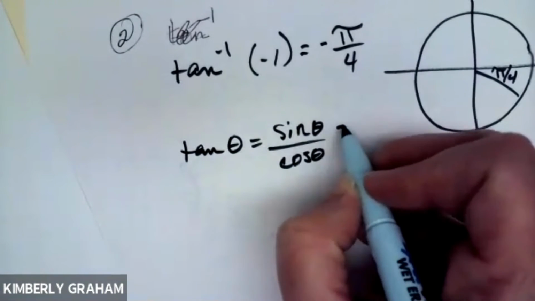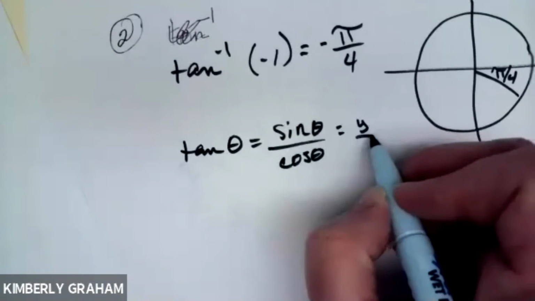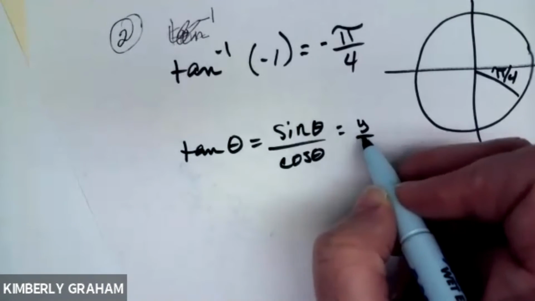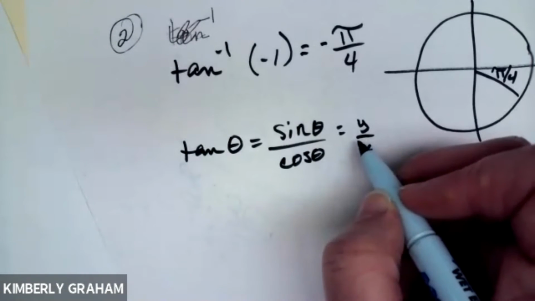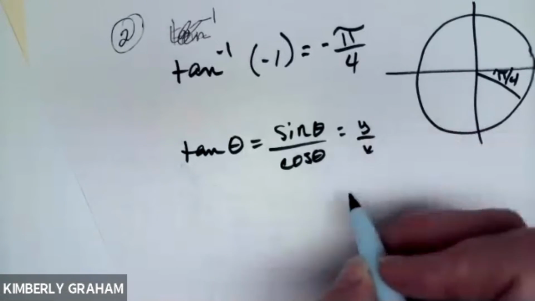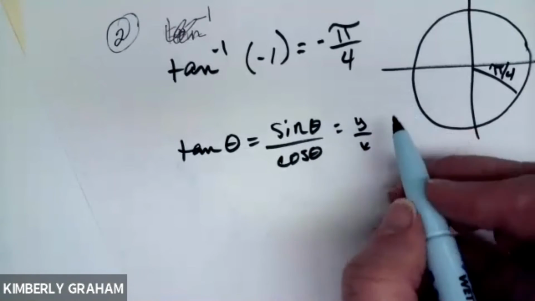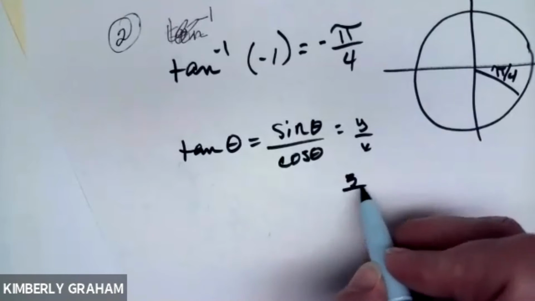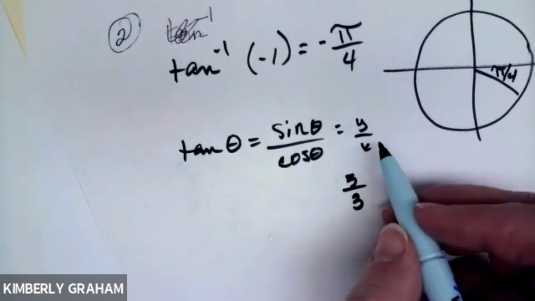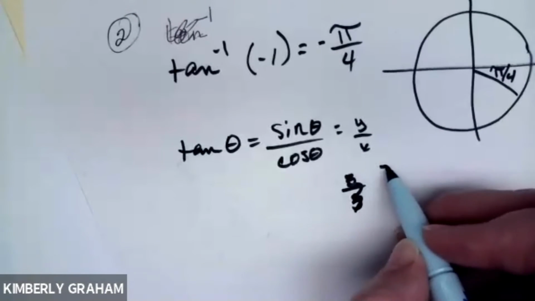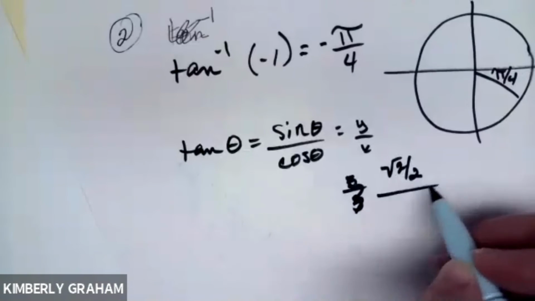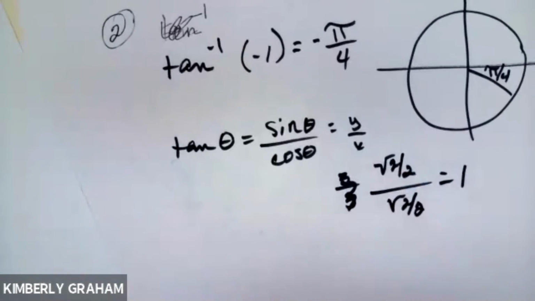And if I'm on the unit circle, that's just going to be y over x. Well, if x and y are the same number, like 3 over 3, or in this case, square root of 2 over 2 and square root of 2 over 2, anything divided by itself is 1.